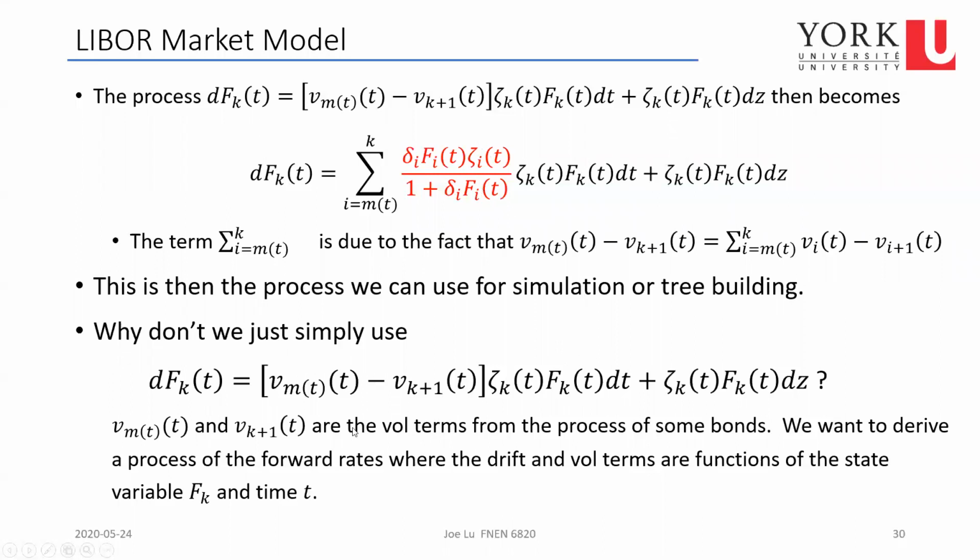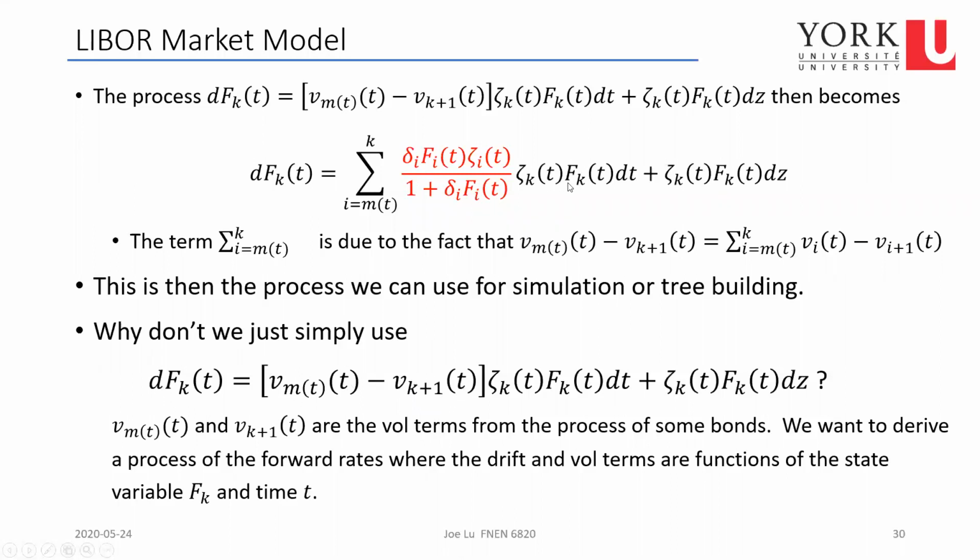Now, earlier we used this, and it was just a way to allow us to derive this. So why don't we use it to simulate? Because you are simulating a forward rate, and if you use the volatility term of some zero coupon bond process, you have to specify the zero coupon bond process, and you have to worry about the consistency between those two.